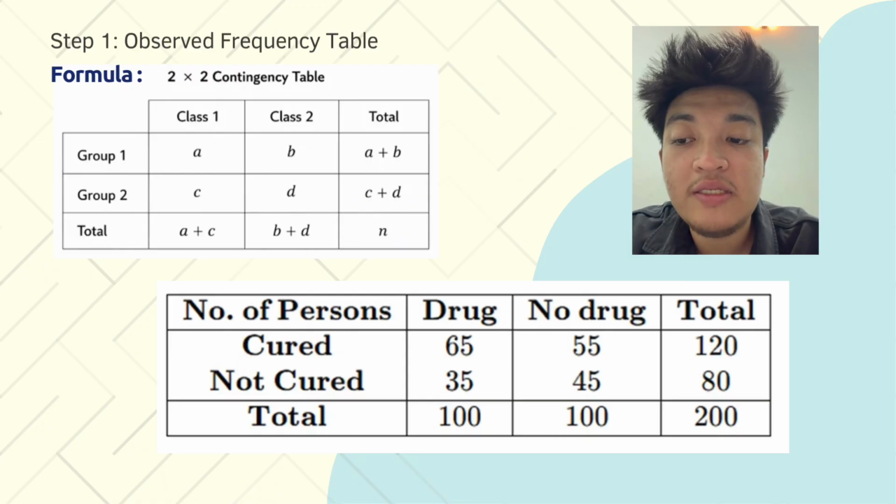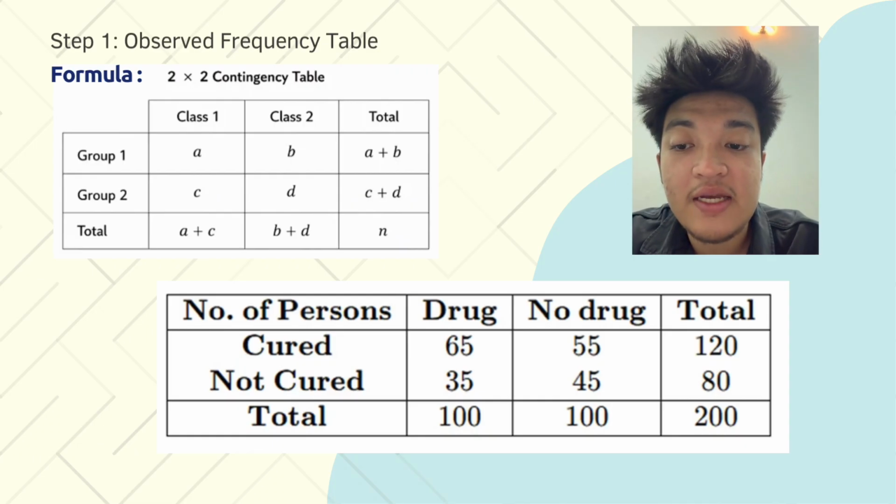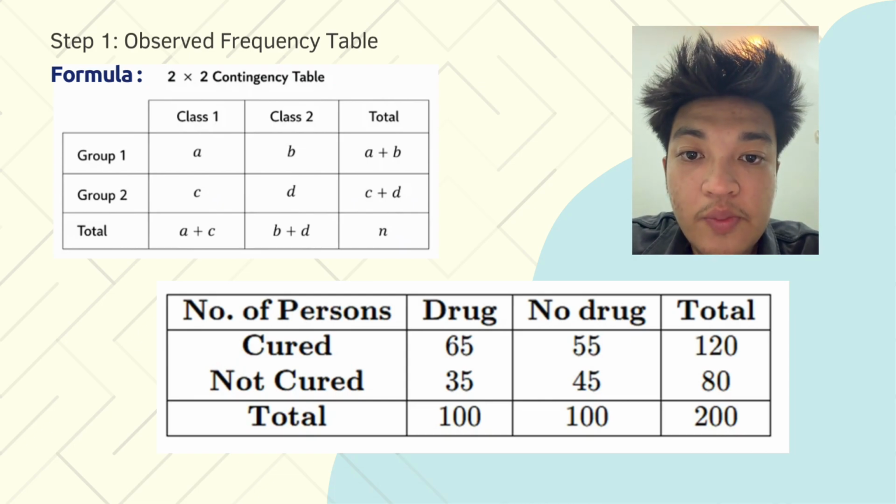In our case, the rows represent the outcomes, cured versus not cured, while the columns represent our two groups, which are drug versus no drug. This clean structure gives us the exact observed frequencies we need to calculate our chi-square test statistic and find the final answer. Thank you.